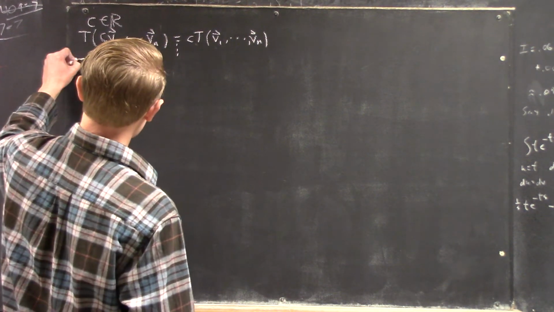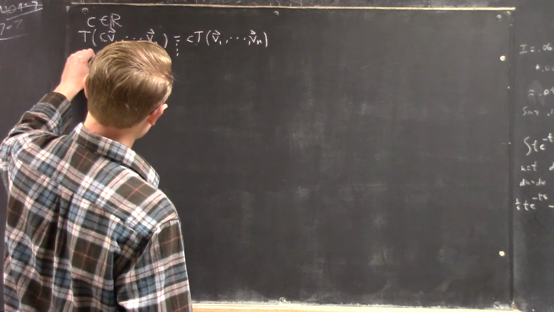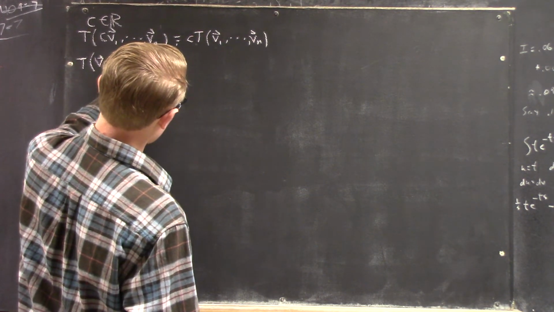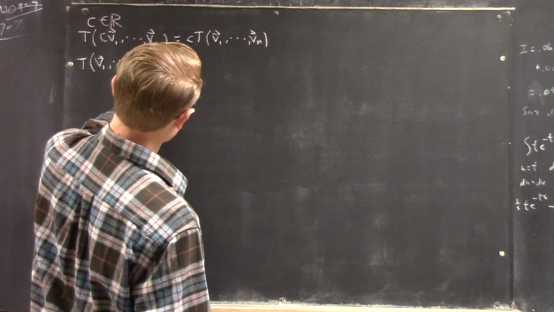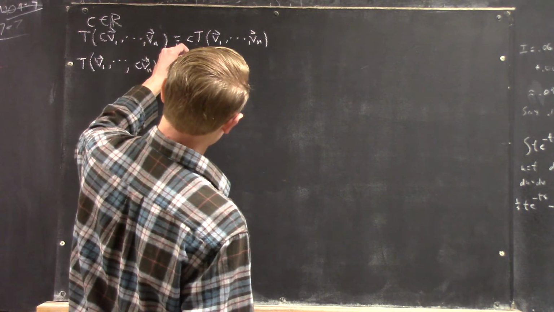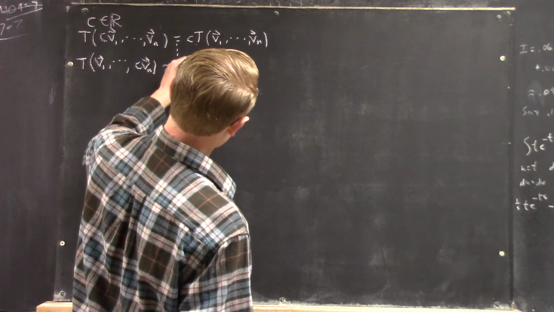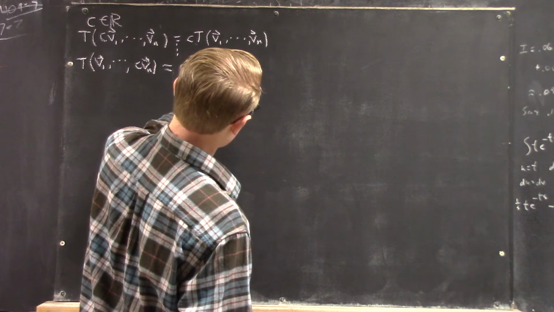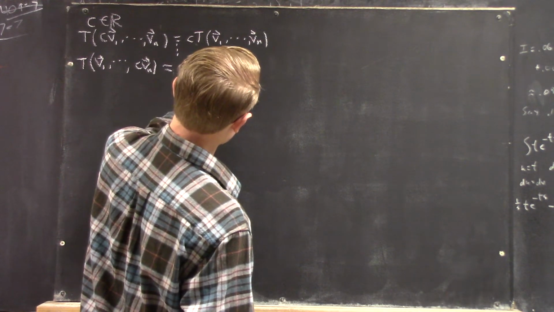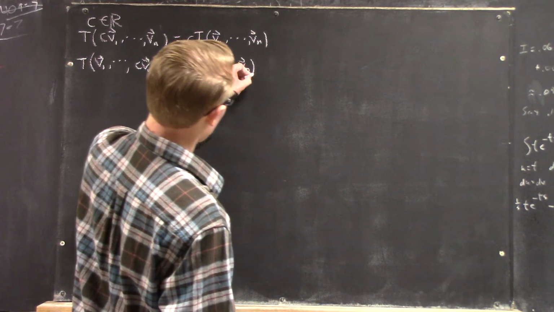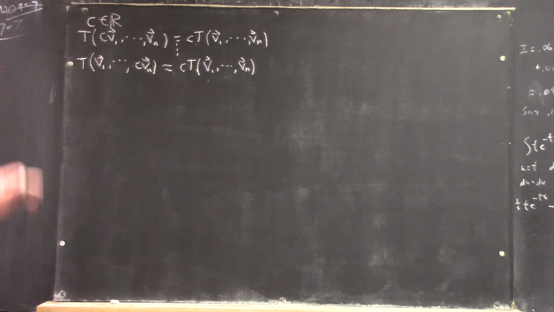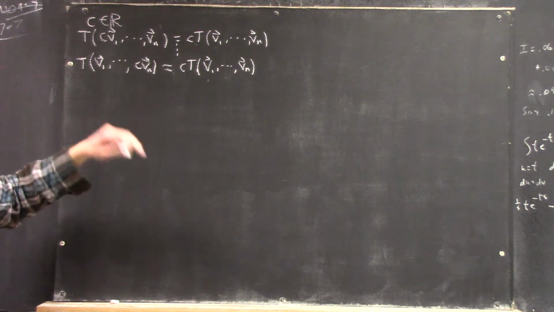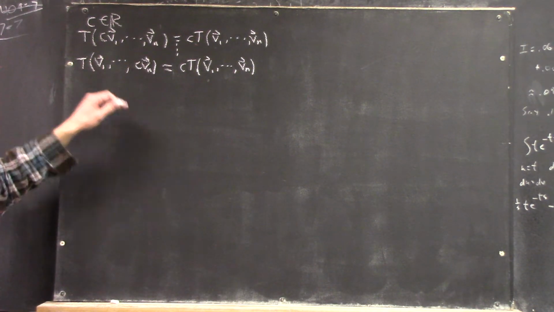This corresponds all the way down to the last vector, c times Vn. This is equal to c times the transformation of vectors V1 through Vn. So long as these remain true, then this is a multilinear form, or multilinear mapping.